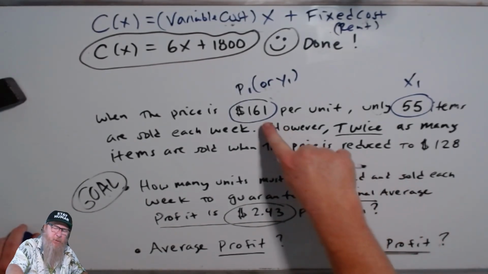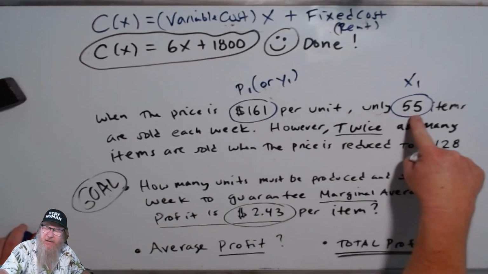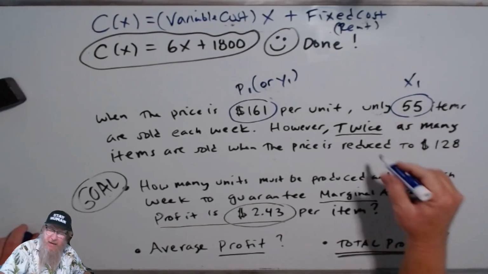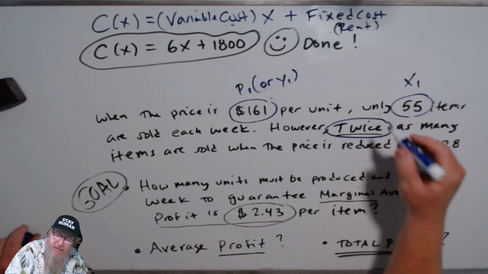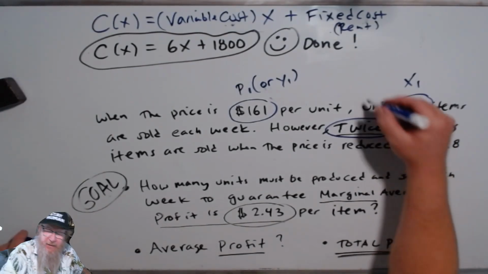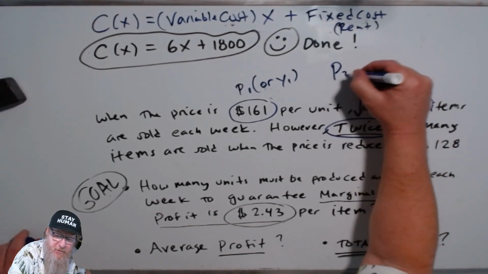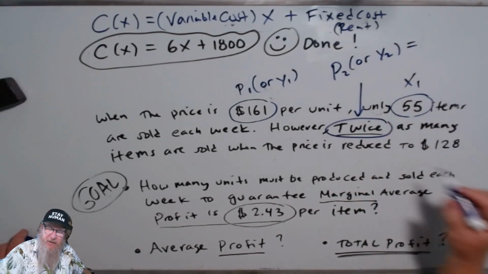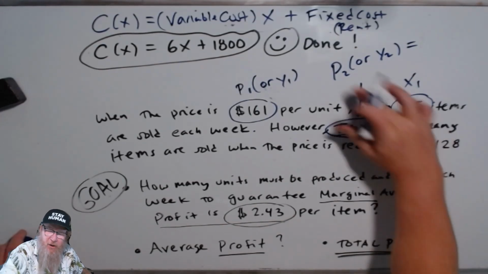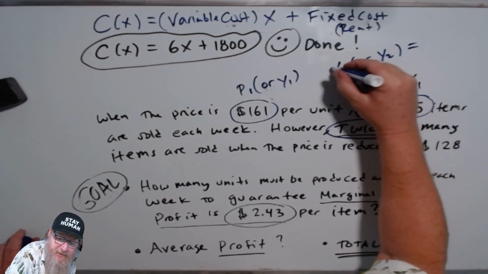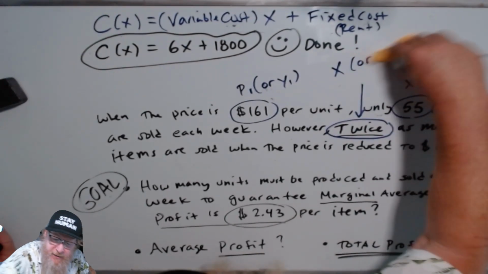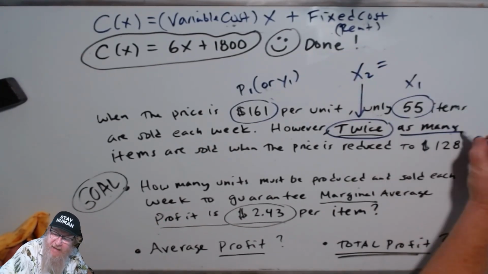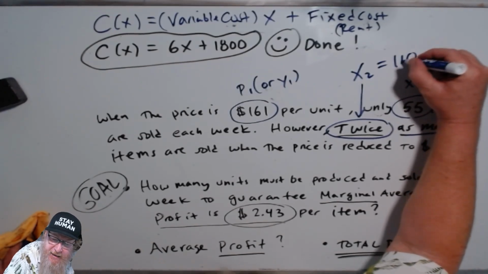In other words, if the price is $161, then this is how many units get sold. Now, twice that many. So my P2 or Y2 is going to be twice that many. Oh, sorry. Twice that many is X, not Y. X2. Twice that many, so that's going to be 110.